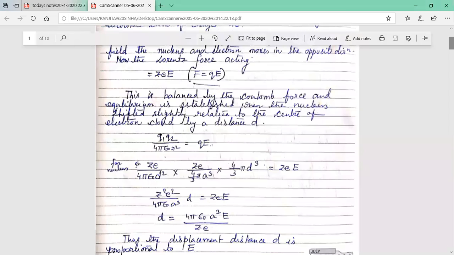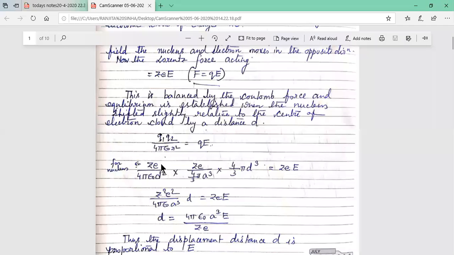Now we know the Coulomb force is Q1 Q2 by 4 pi epsilon 0 r square. Here we are writing that equal to the Lorentz force.